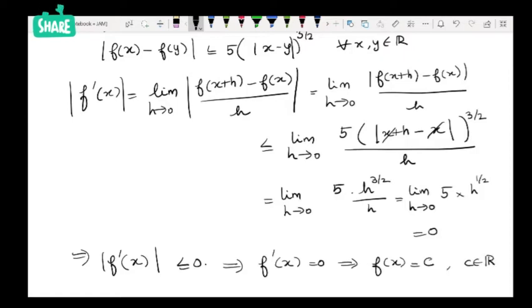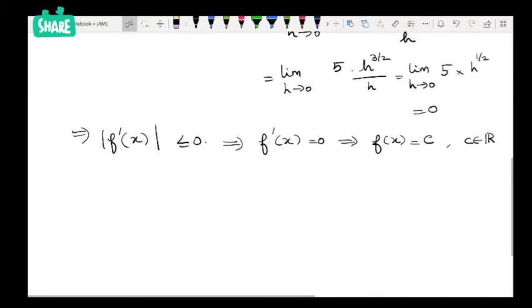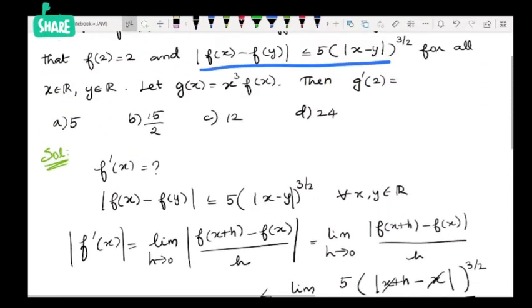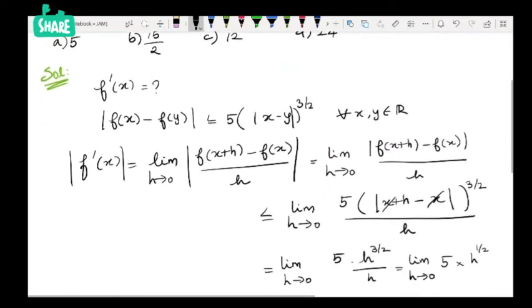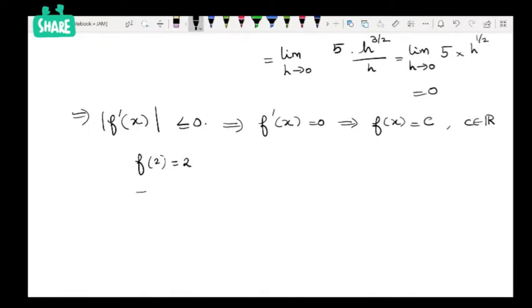Now let's use the given condition f of 2 equal to 2. Since f of x is constant for every x, c must be equal to 2. So f of x equal to 2 for all x. Now let's use this one.